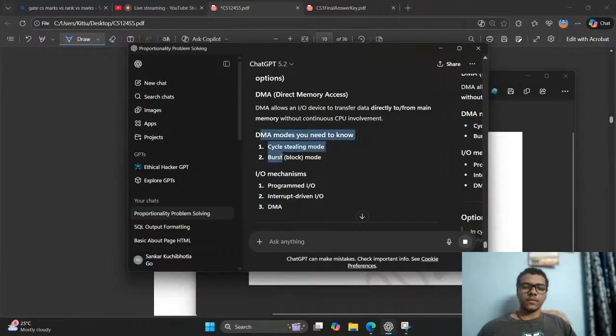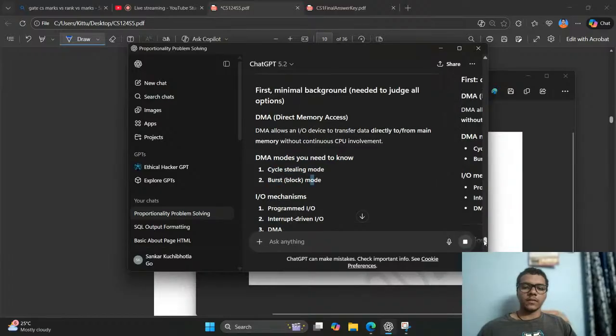Yeah, we don't know this. Cycle stealing mode and burst mode.